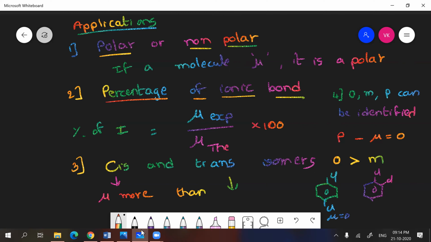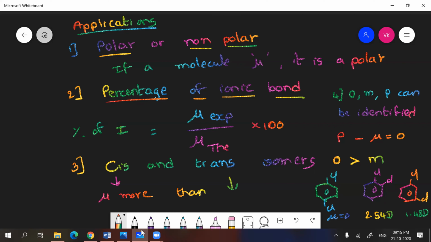Next is ortho dichlorobenzene, then meta dichlorobenzene. And if you see the values, ortho dichlorobenzene has 2.54 D, and the value of meta dichlorobenzene is 1.48.